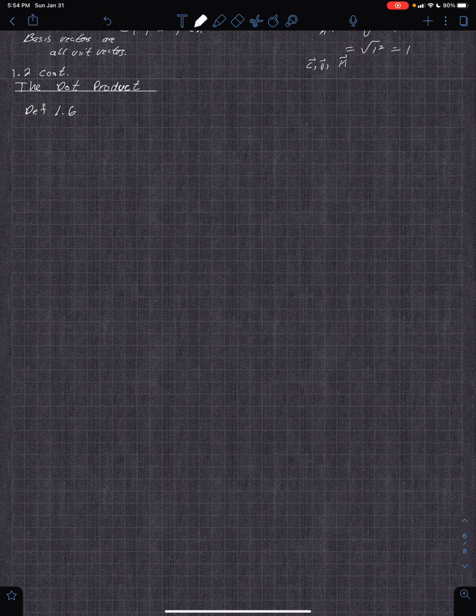So let V equal V1 to Vn, W be the vector W1 to Wn, be elements of Rn, and then we just define the dot product.